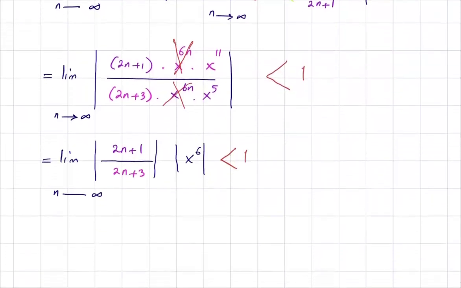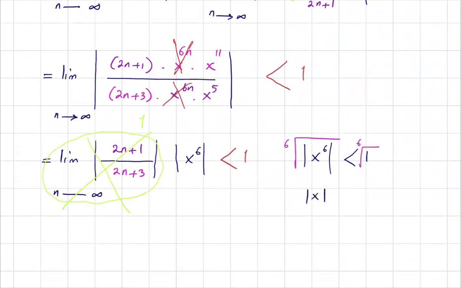So take a look. The limit of 2n plus 1 divided by 2n plus 3 when n goes to infinity is equal to 1. You end up with the absolute value of x to power 6, which must be less than 1. But if you take the 6th root of both sides, the absolute value of x must be less than 1, or x is bounded between -1 and 1.